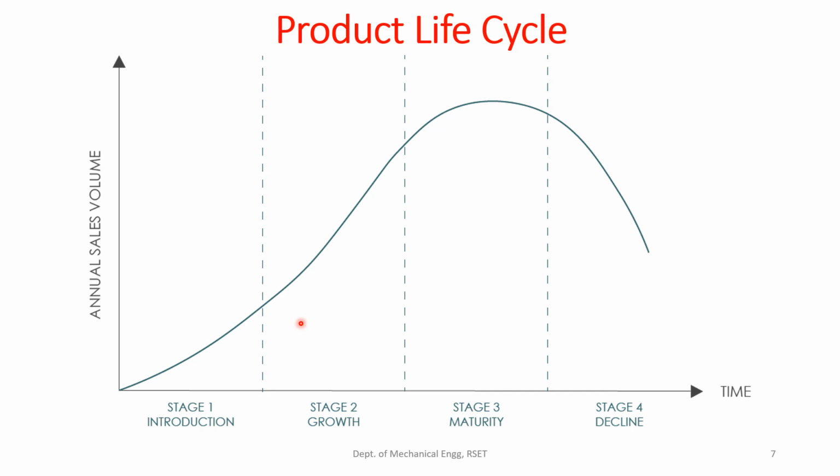So essentially, products that pass stage 1 and move on to stage 2, where they essentially see a very rapid rise in the product sales volume, move on to a stage called growth. Now, this growth, with time, tends to slow down and it reaches a point of maximum.